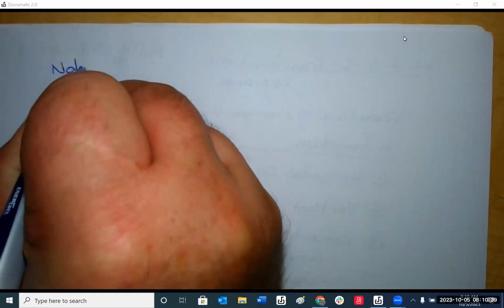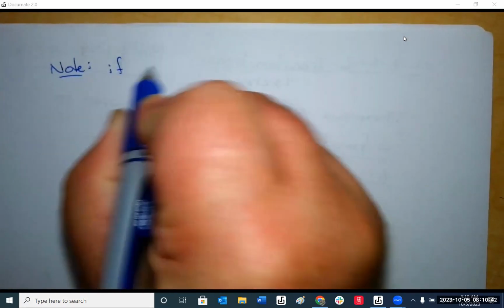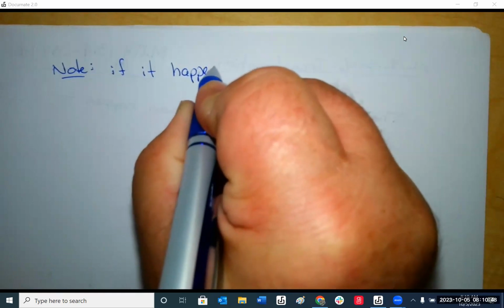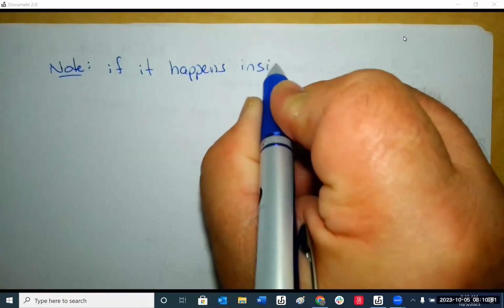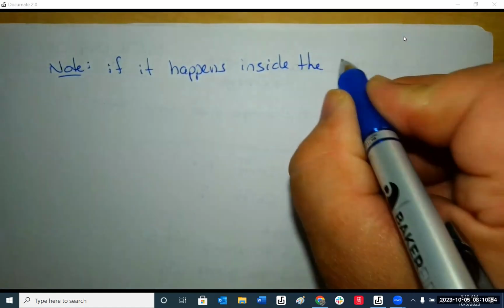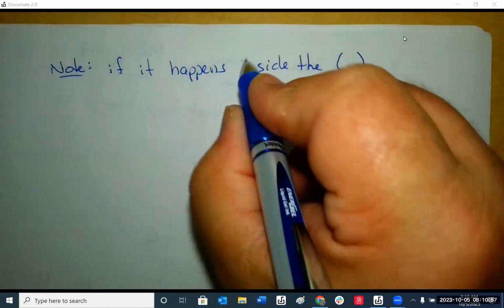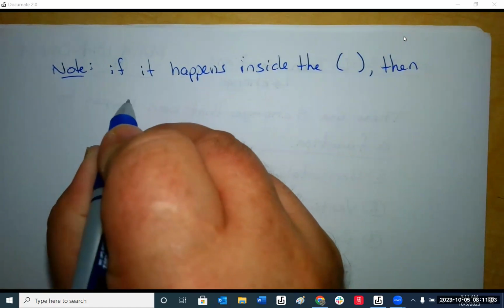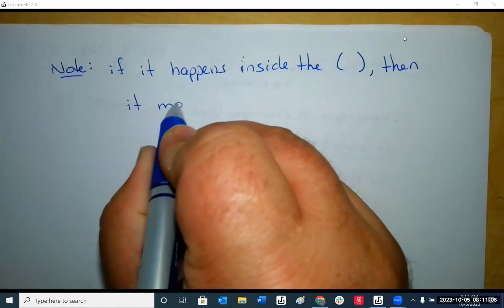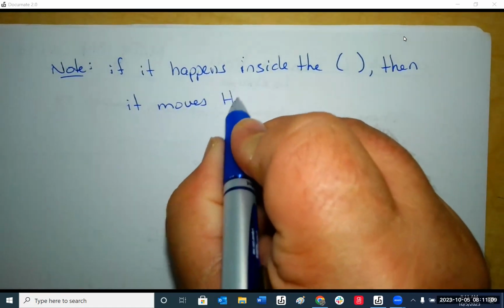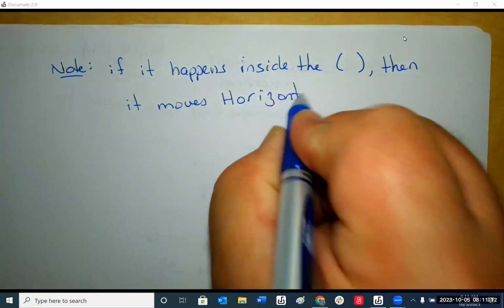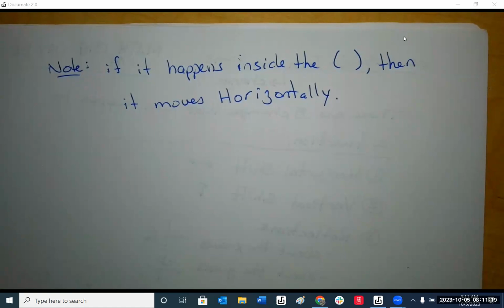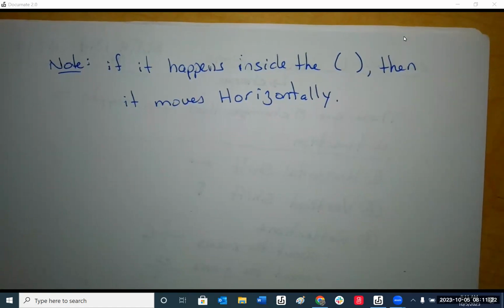If it happens inside the parentheses, then it moves horizontally.